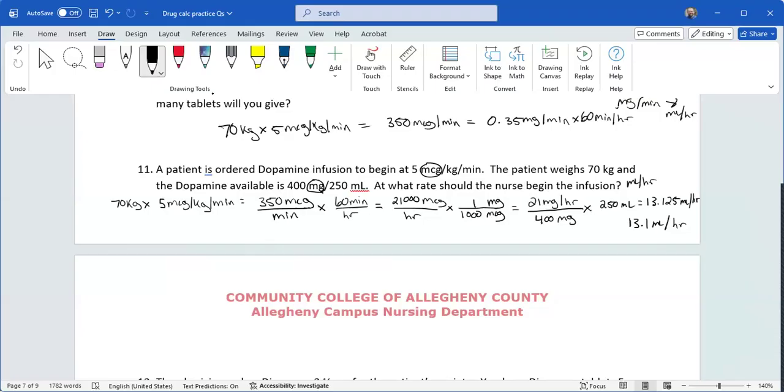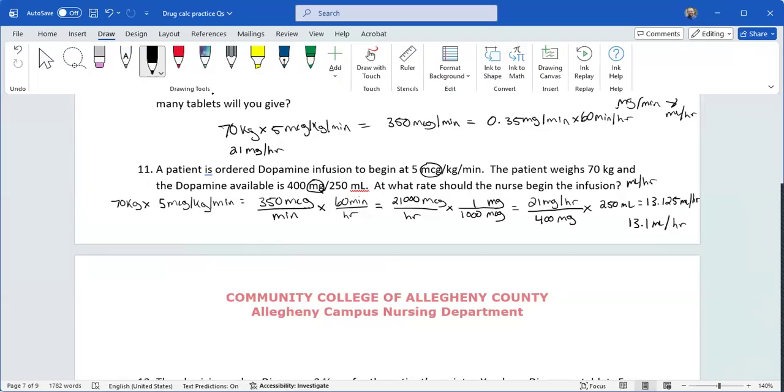You're doing everything right. I think it's helpful working through this together. So I think we're both on the same page that we're at 21 milligrams per hour, right? Yes. All right. So if you're doing order over available, let's just solve for milliliters. What would I do with that 21 milligrams per hour if I was solving for milliliters?